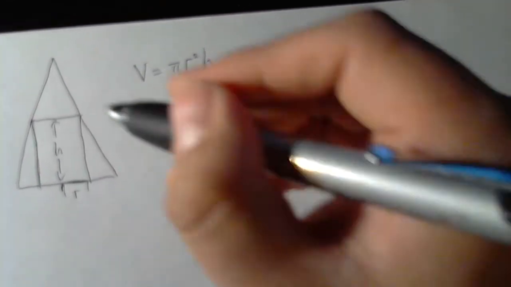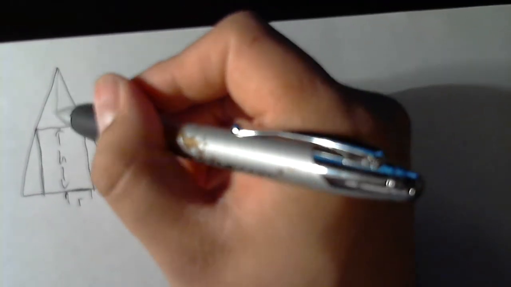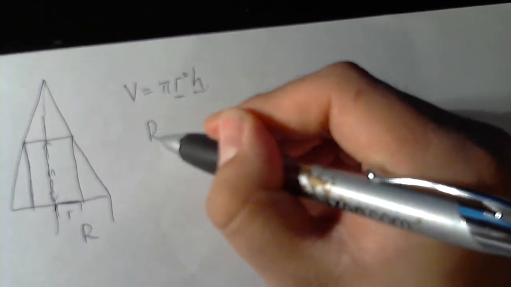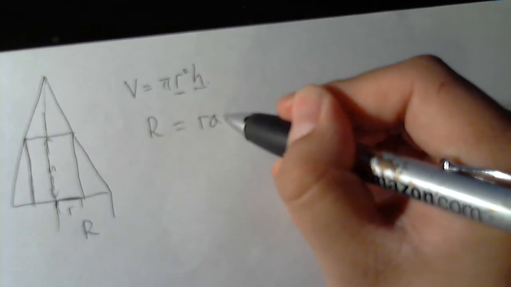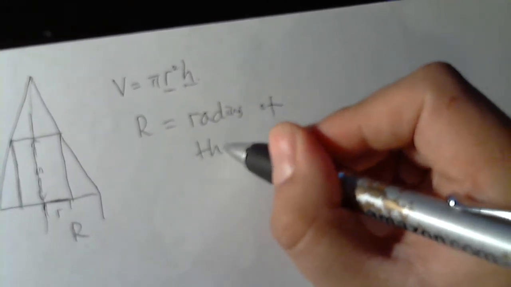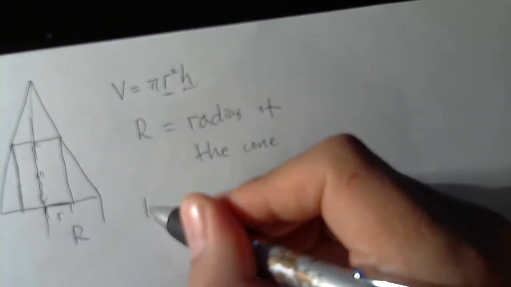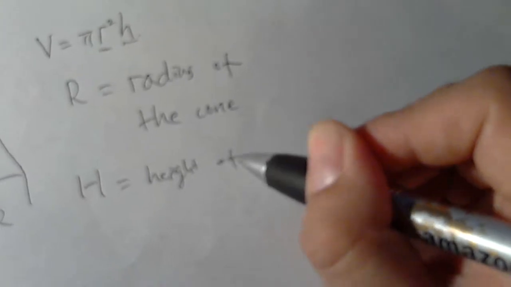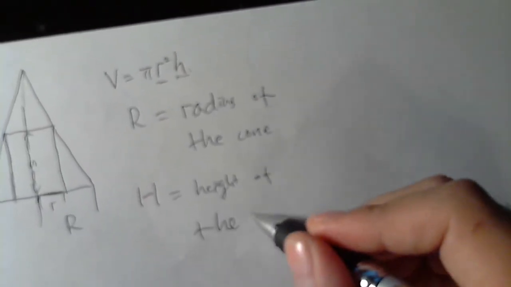Then we know the cone also has a radius, so capital R equals the radius of the cone, and capital H equals the height of the cone.